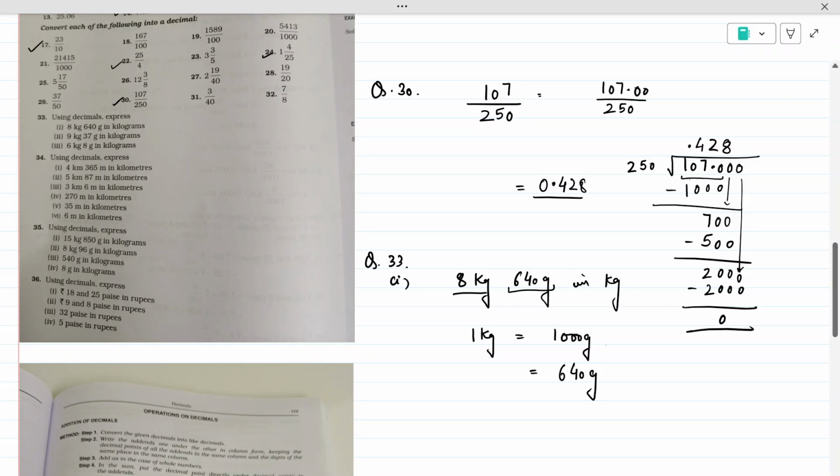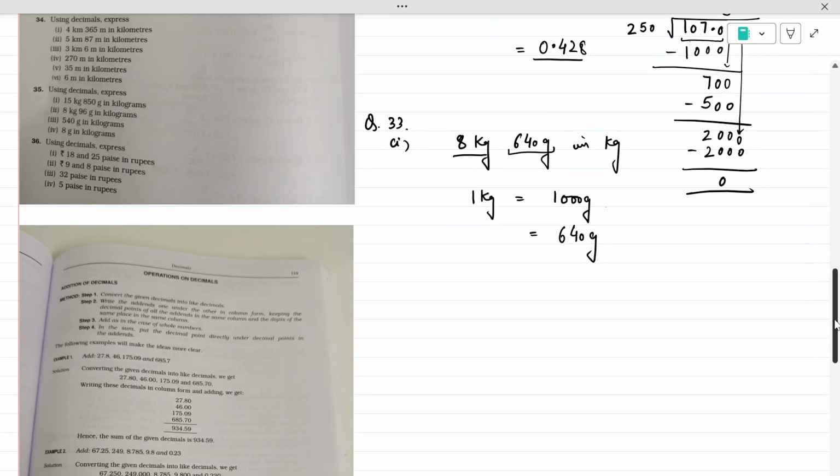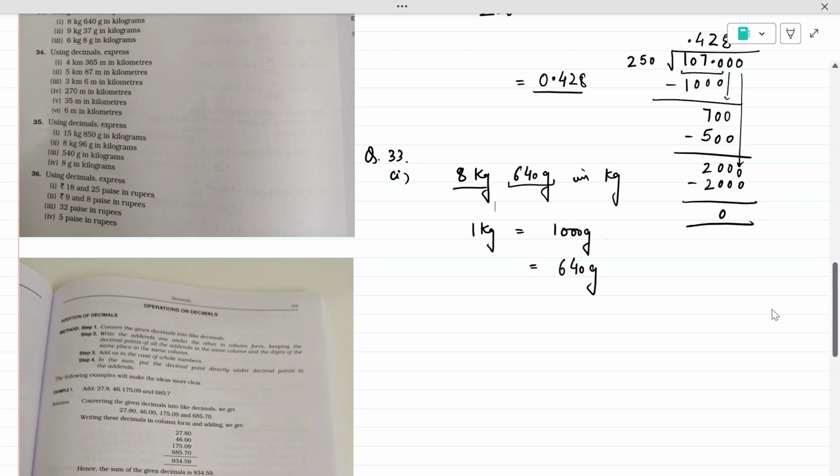Kids, today I'm telling you one method of cross multiplication which we can use anywhere in mathematics, and going forward also when you will have algebra, that is going to be very useful. See, we know that 1 kg is equal to 1000 grams, and we have to convert the 640 grams into kg. We don't know what is going to come here. So I am going to cross multiply these two.